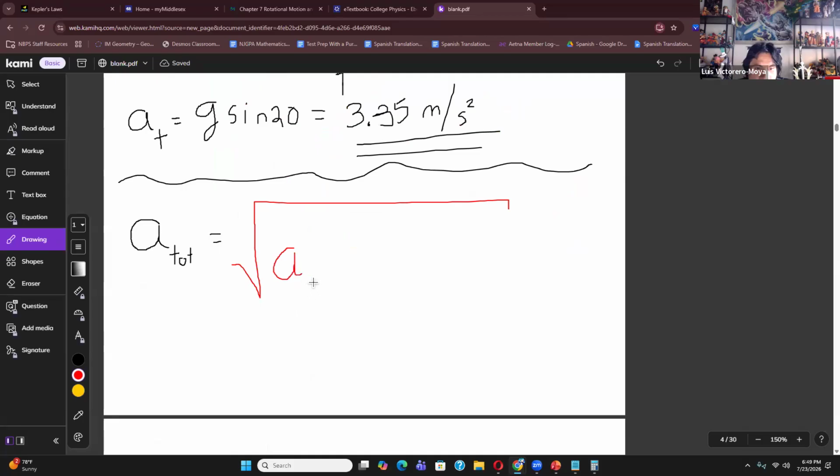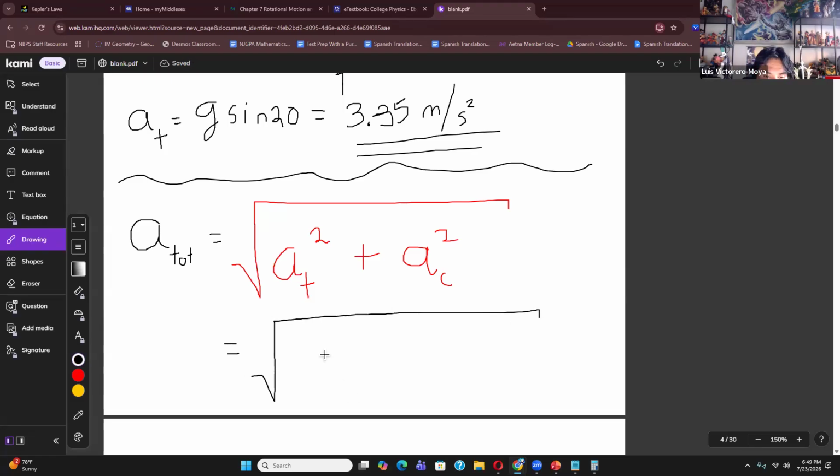Yeah, so tangential square plus centripetal or radial square. All right? There it is.